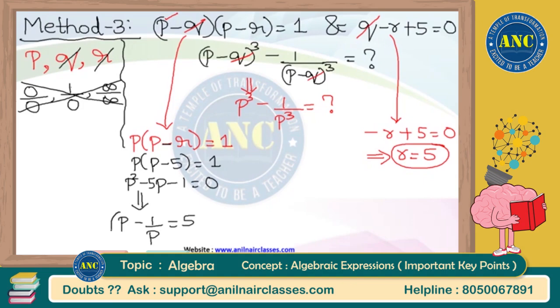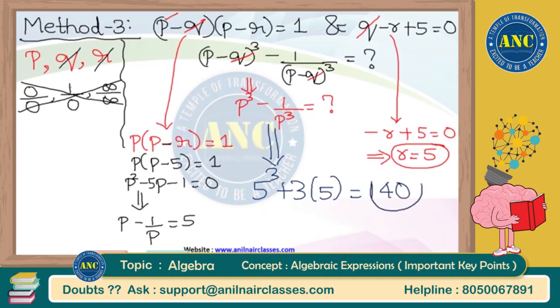And I am sure that the moment you know the value of p minus 1 by p as some constant k, or equal to 5, you can easily find the value of p cube minus 1 by p cube without any difficulty. So p cube minus 1 by p cube will be easily found out right now as 5 cube plus 3 times 5. Answer is 125 plus 15, which is 140.